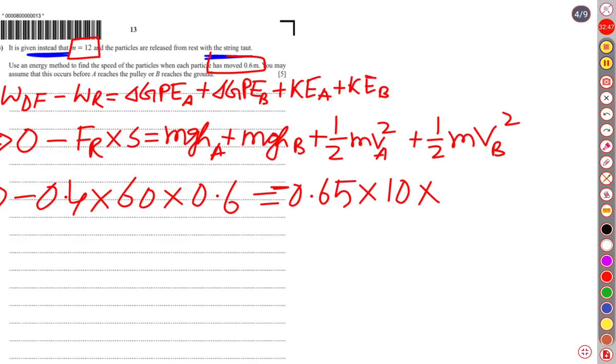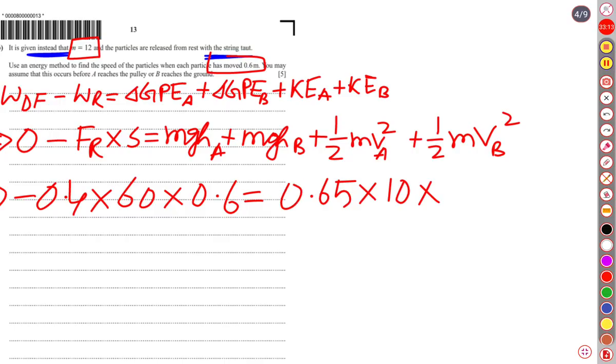Let me erase this so I can write it more clearly. So it is equal to minus 0.65 into 10. This is for particle, sorry, this is for particle A, not particle B. I made a mistake actually.